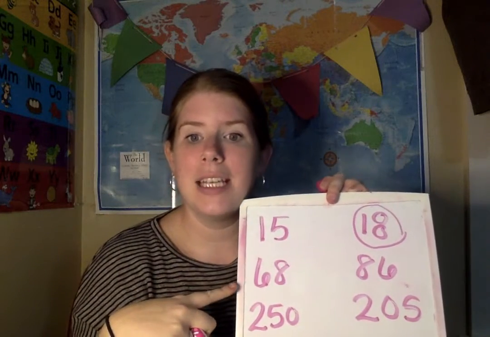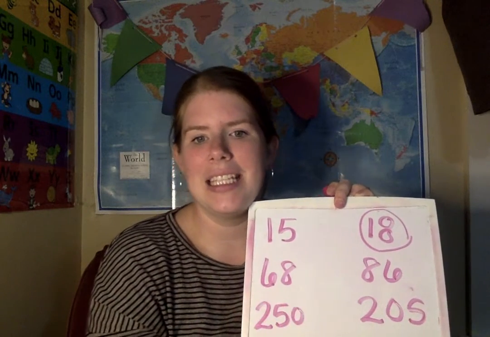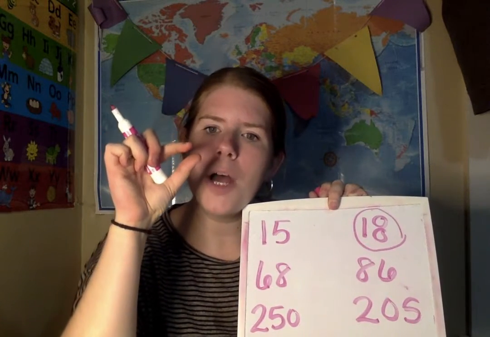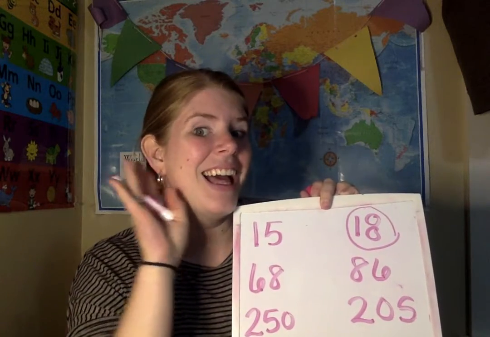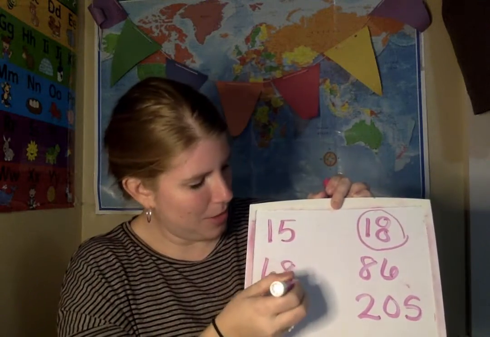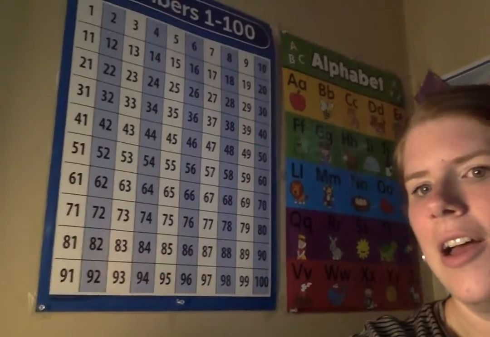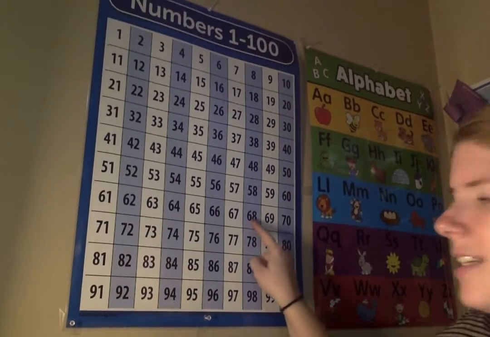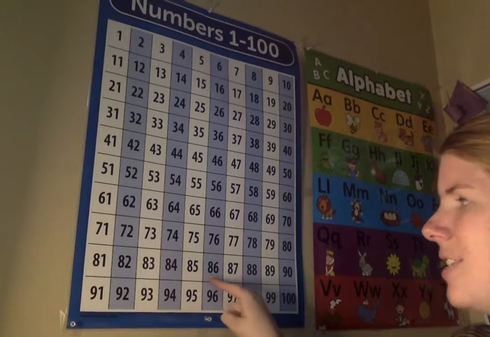Now we have 68 and 86. And I want to know which number is smaller. 68 is smaller. Very good. I can show you that one on here. Let me spin you around. All right, so here is 68 and 86 is all the way down there.